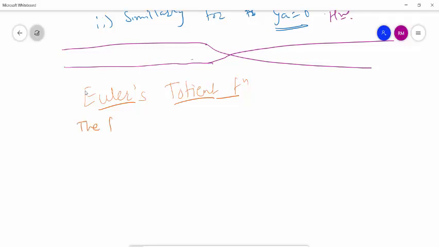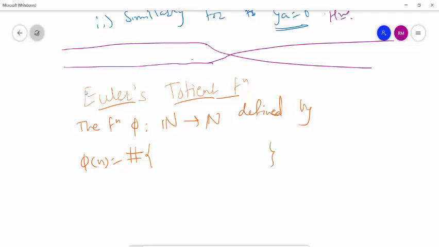So the function phi is from the set of natural numbers to the set of natural numbers, defined by phi of n equal to the number of elements, and that is also nothing but the cardinality of the set. This is the notation of cardinality. Cardinality means number of elements in the set.